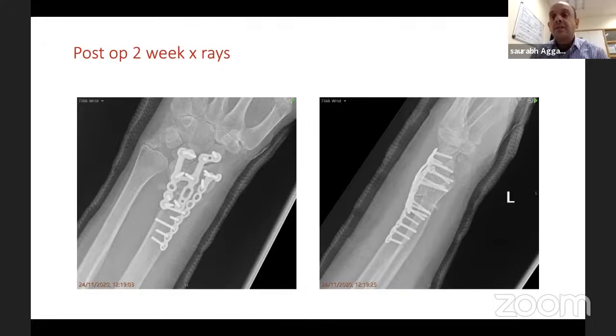Radiolunate arthritis, again, the patient may have arthritis on X-rays, clinically they may be fine. So one way is to do a steroid injection or even clinical palpation. And if they have pain, then just by doing a distal radius corrective osteotomy, you're only taking away 60–70% of their pain. So you need to address both.